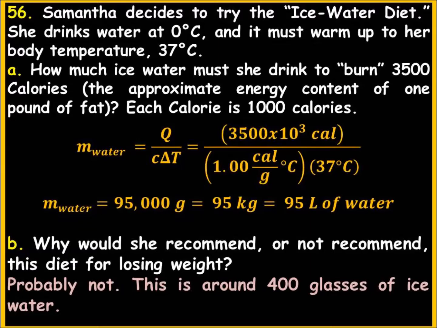That's the approximate energy content of a pound of fat. That's 3,500 kilocalories. The capital C is larger. Each kilocalorie is 1,000 calories, so do the calculation. 95 liters of water, a little weird.